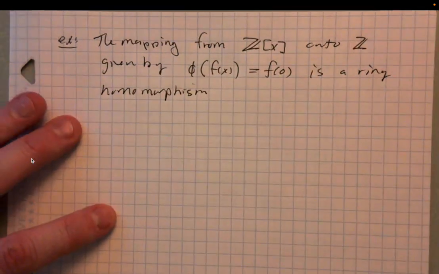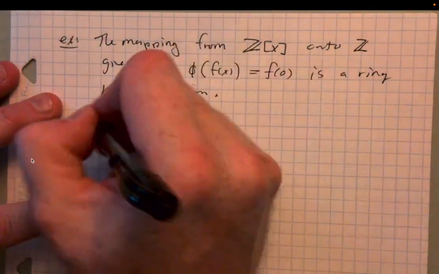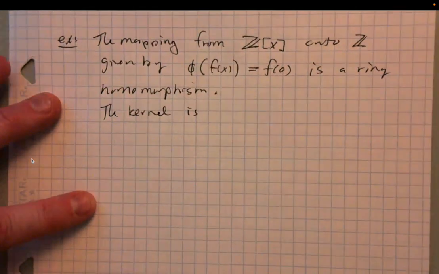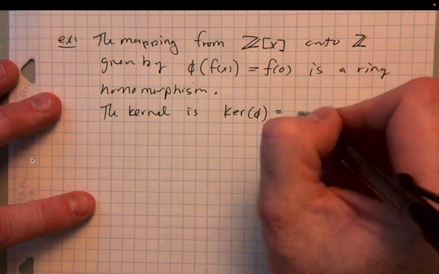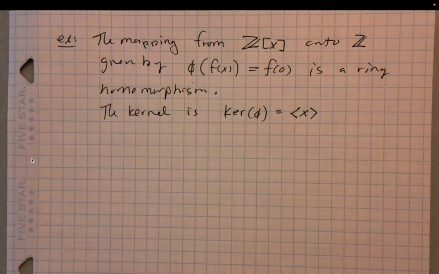And it's a ring homomorphism. Now what's the kernel? Right, what is the kernel? Well, the kernel of phi is basically just going to be the set generated by the element x. And what is that set?